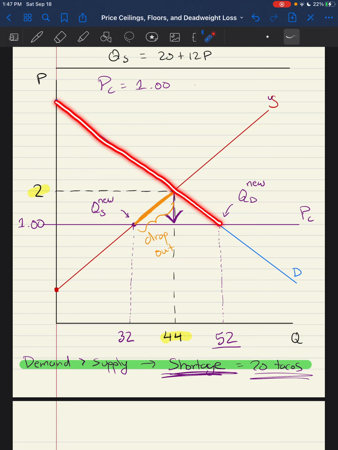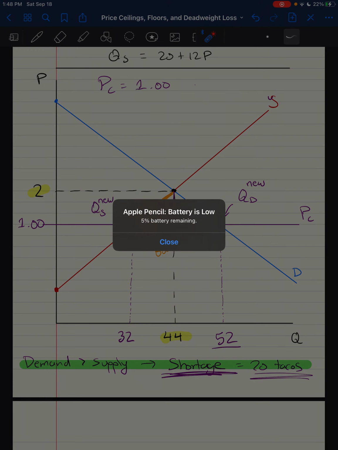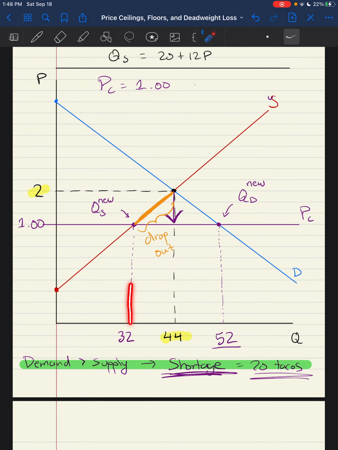But what is true about supply and demand? Well, consumers can only buy as many tacos as are available. And we know that there's a shortage of tacos. All of these people want tacos, but only 32 tacos are available. So our new consumption will also just be 32.